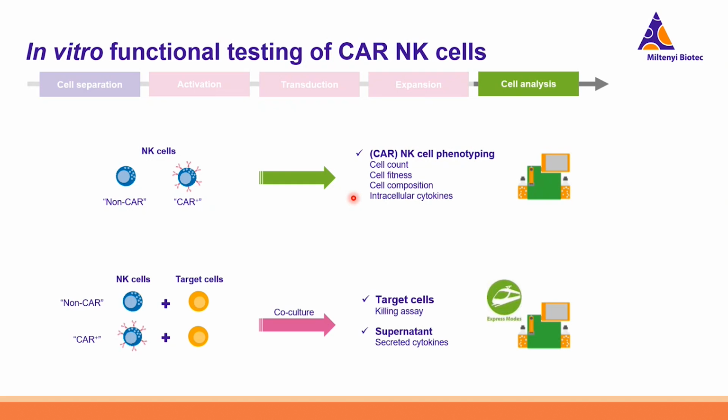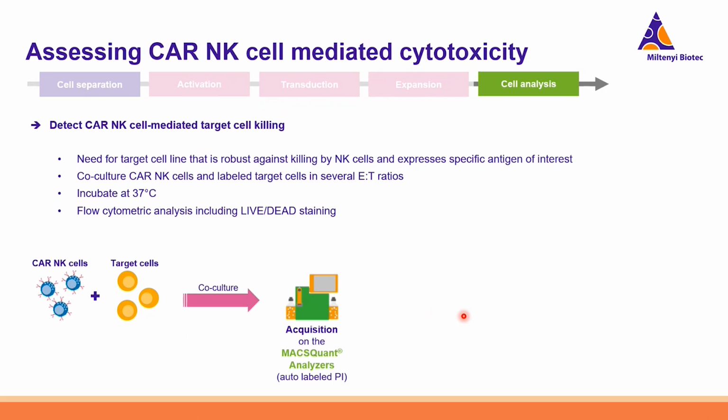And in addition to phenotyping, of course, it's also very important to look at the function of the cells. So for this, there is the need for co-culture experiments with specific target cells. And here then the target cell killing can be analyzed, and also the secretion of cytokines. And just some more information regarding this.